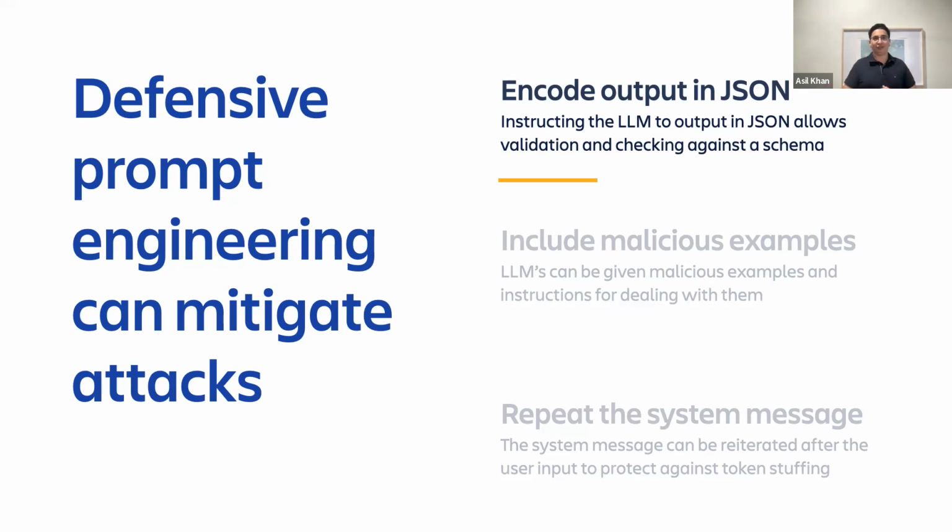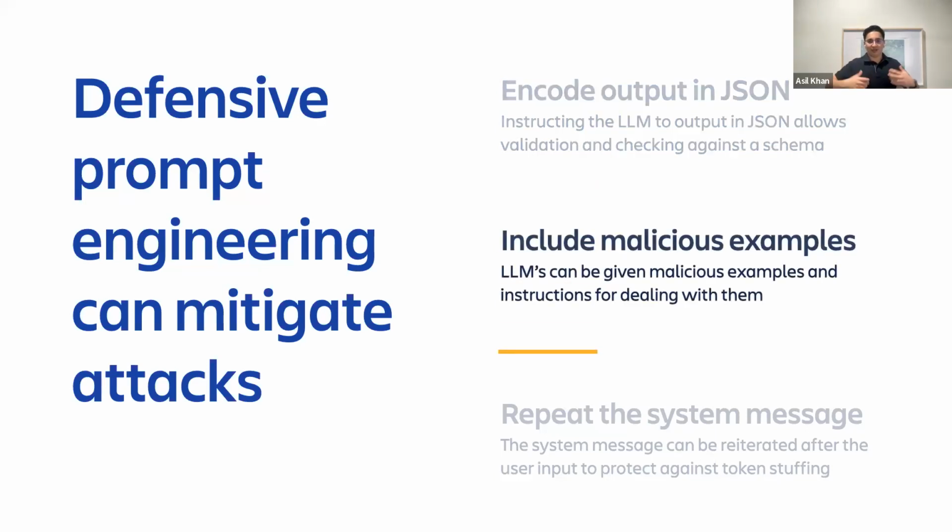While we can't really validate the input of an LLM in the same way we can validate and sanitize user text to prevent SQL injection attacks or cross-site scripting attacks, by URL encoding or stripping out special characters, you can't really do that to an input to an LLM because it's natural language, but you can sanitize its output.